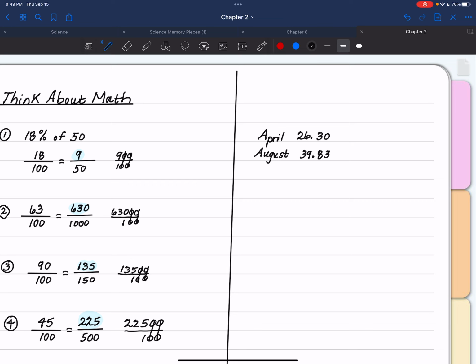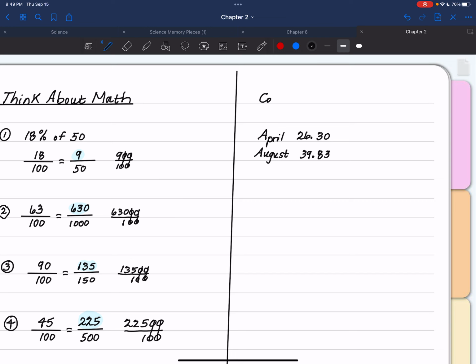This customer said that the percent of change in cost from April to August was about negative 51%. How can you tell immediately that this is incorrect? What error did the customer make, and what is the correct percent of change?